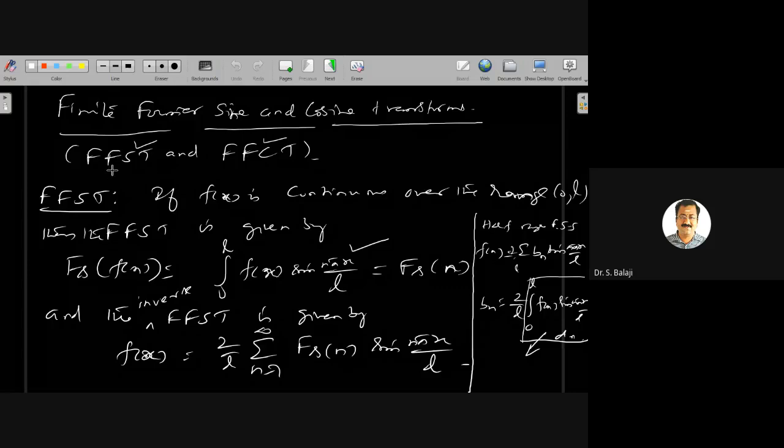Another simplified version is FFST and FFCT. First, FFST, the finite Fourier sine transform.